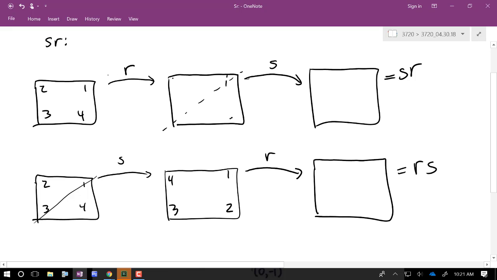So when we do the rotation first, we get 2, 1, 4, 3. That's better. That should be in keeping with what we did. And then when we flip across, we have 1, 3, and then 4, 2. That's better.